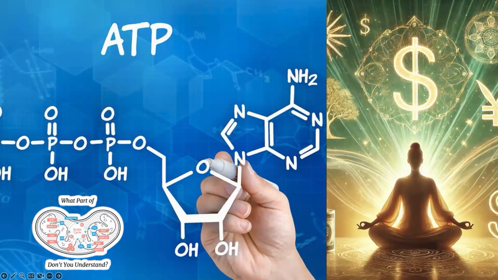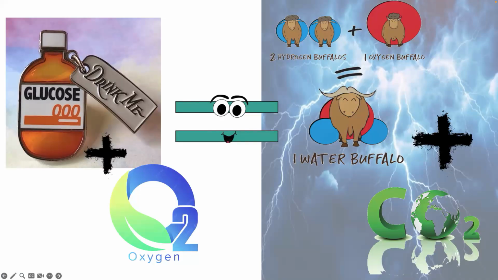Okay, where do we produce energy? Where inside our body do we produce energy? What's the powerhouse of the cell? Mitochondria. Okay. So we take some glucose, C6H12O6, that's the formula for glucose. We give it a bit of oxygen, okay?